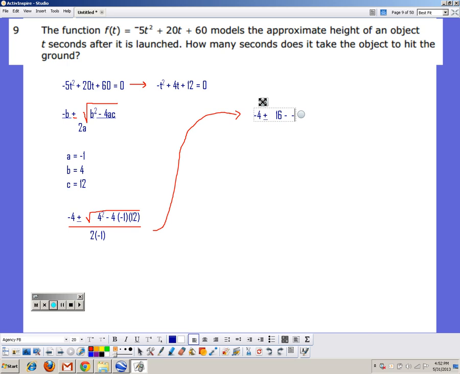So I got 16 minus 48. If you want to, again, some of you like to keep that negative with the 4, so you turn the problem into negative 4 times a negative 1 times 12, which will give you a positive 48. So you will write 16 plus 48. And 2 times a negative 1 is a negative 2.